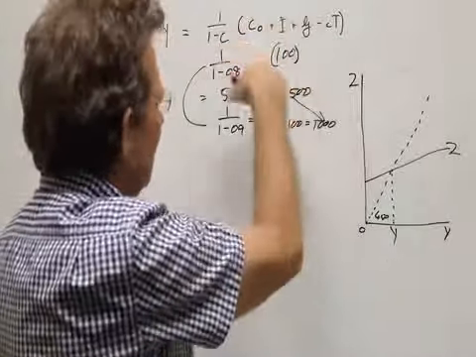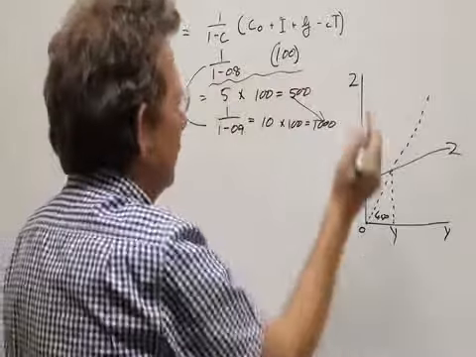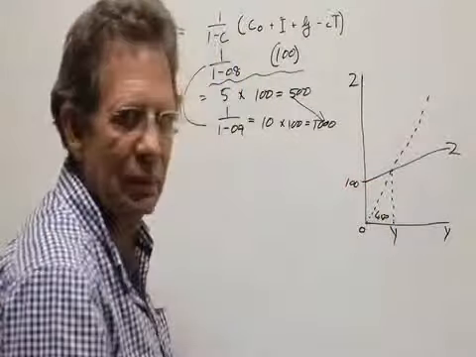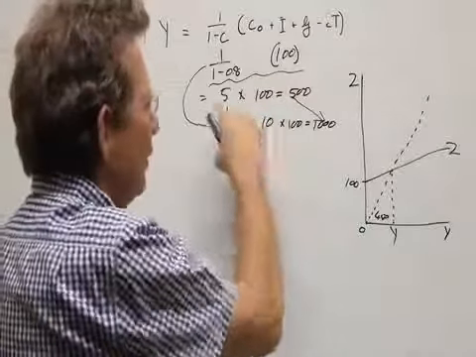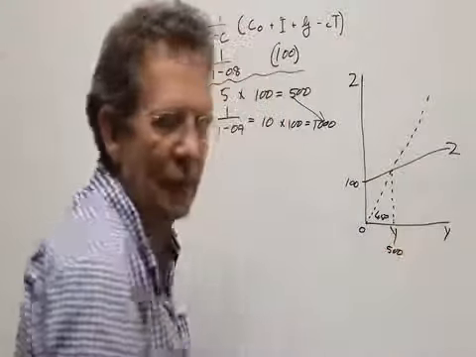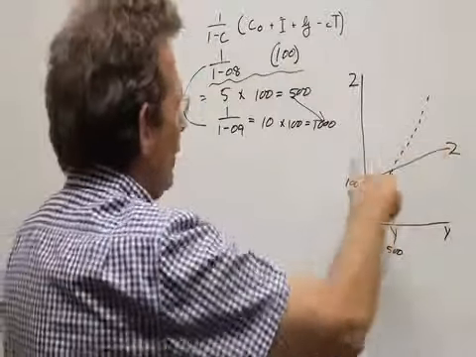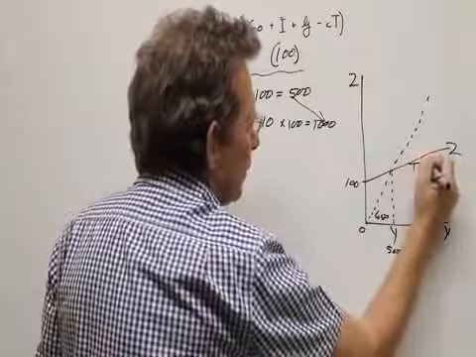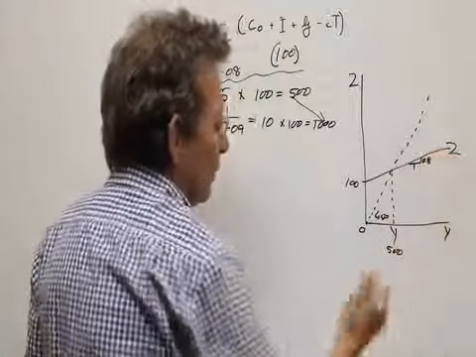Using this example, this is our autonomous spending of 100. We know the multiplier is 5, therefore our equilibrium income is 500. The slope of the line is determined by the marginal propensity to consume, 0.8.